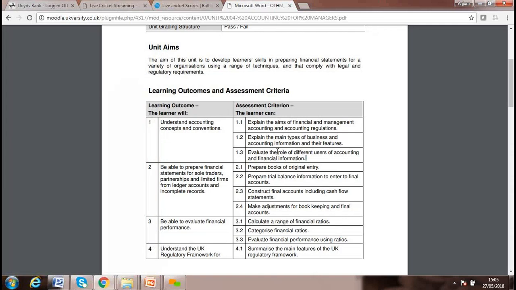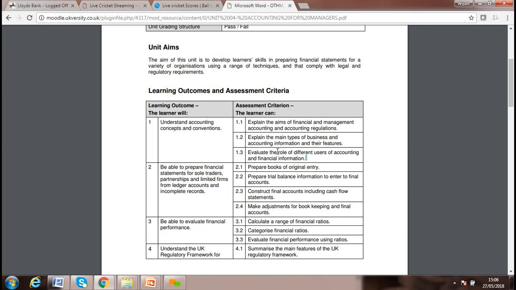We learned about different stakeholders, how they can use the financial information to make decisions. We discussed the different financial statements we prepare. We discussed the difference between financial management and financial accounting, and we discussed some legislation and regulations as well.